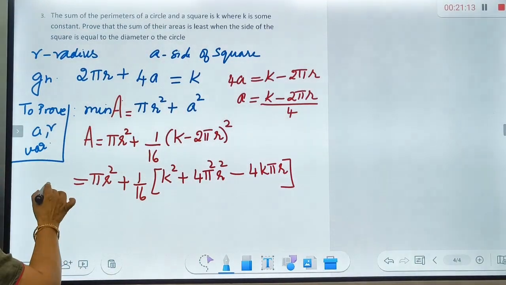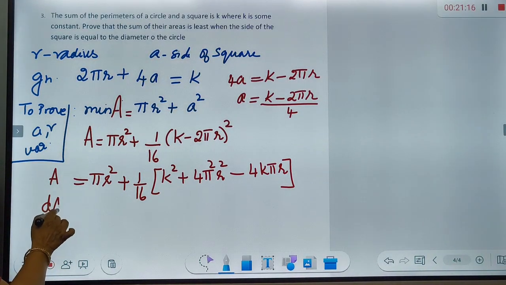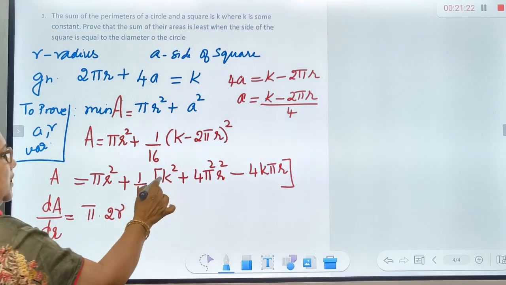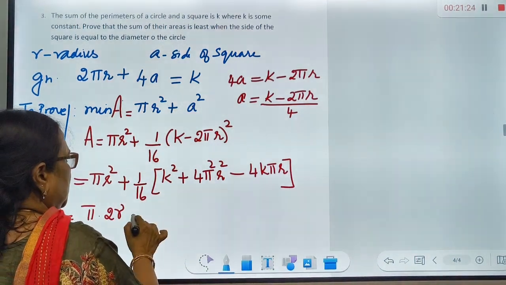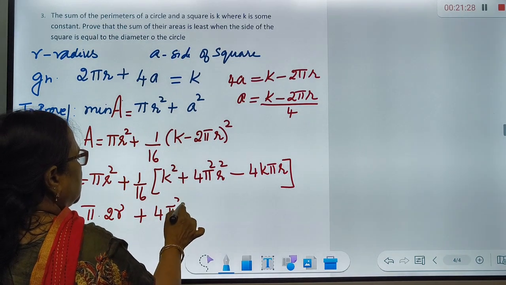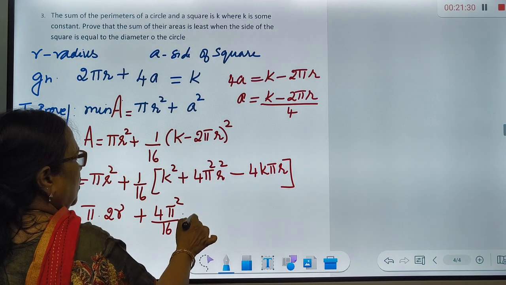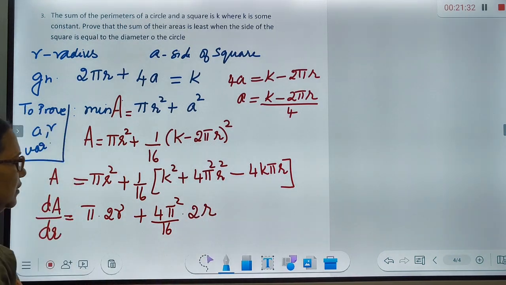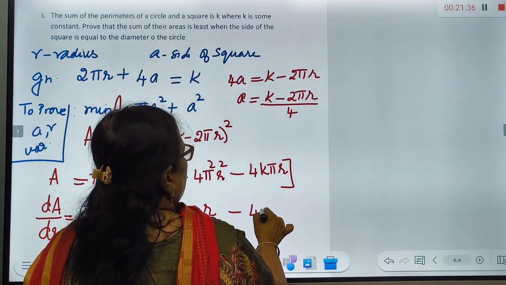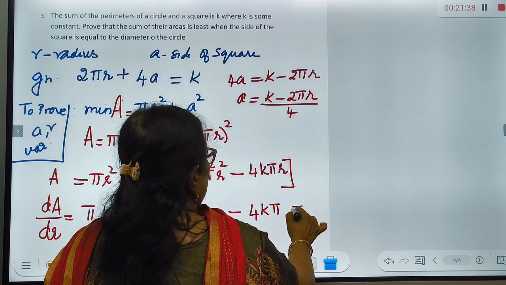Okay. Now this is A. So dA by dr will be pi into 2r, k square by 16 it will be 0, plus 4 pi square r square by 16 into 2r, minus 4k pi, equal to 0.